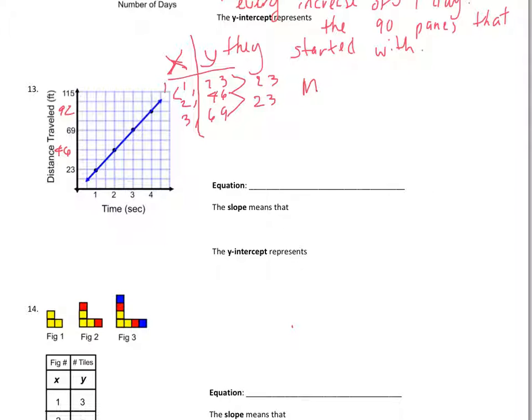So m equals 23 over 1. My y-intercept is going to be 0. So my equation is y equals 23x. What does the slope mean? What does the y-intercept represent? I'll leave that up to you to explain.